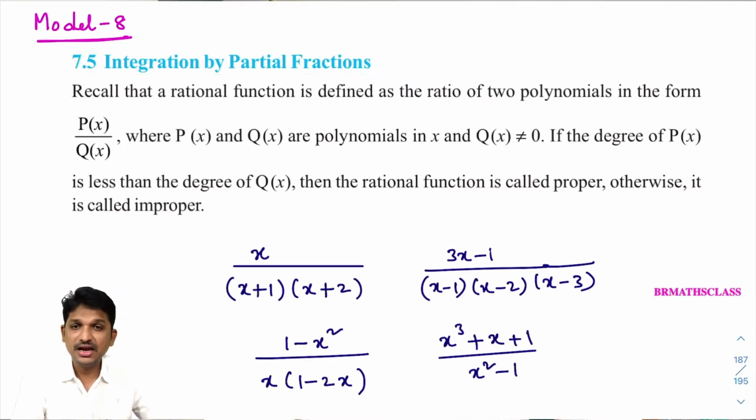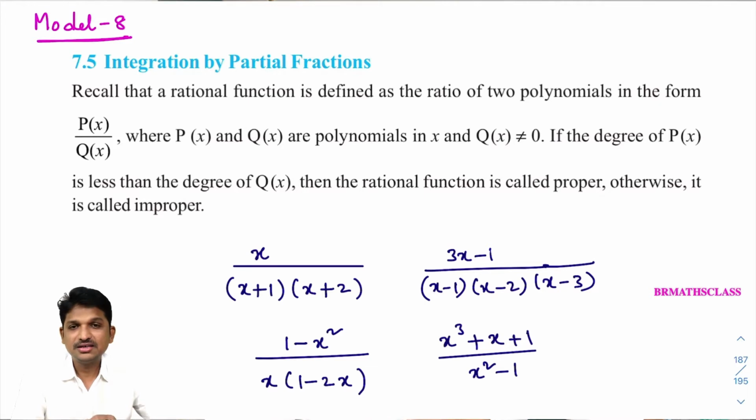In this class, I'll explain what is a rational function, what is a proper rational function, what is an improper rational function, how to convert improper fractions into proper fractions, and how to convert proper fractions into partial fractions.